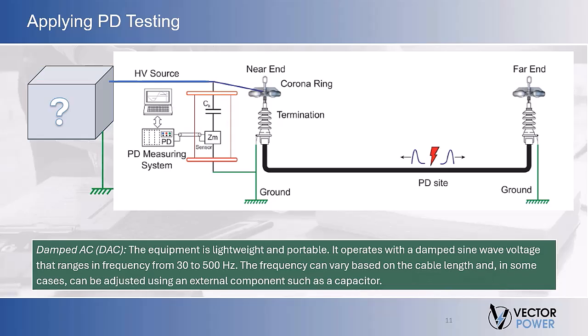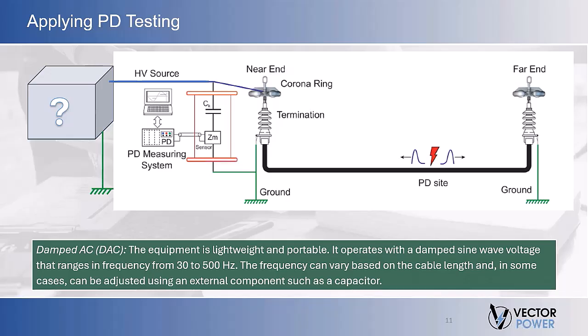And finally, we have yet another alternative to power frequency. We have damped AC, otherwise known as DAC. The equipment is lightweight and portable. It operates with a damped sine wave voltage that ranges in frequency from 30 to 500 Hertz.